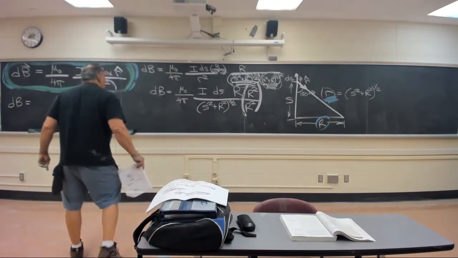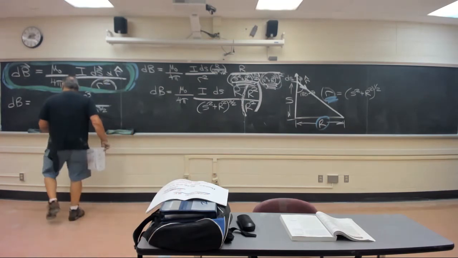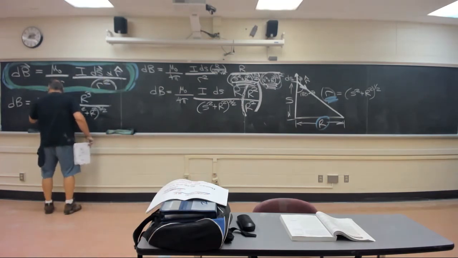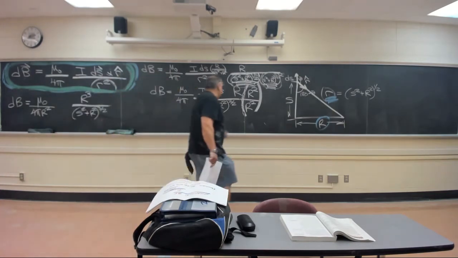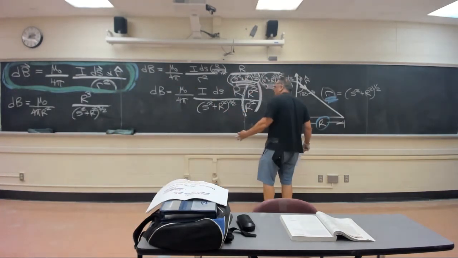True. Mu 0 over 4 pi, capital R squared. I'll bring this r squared over there. It's a constant, no big deal.